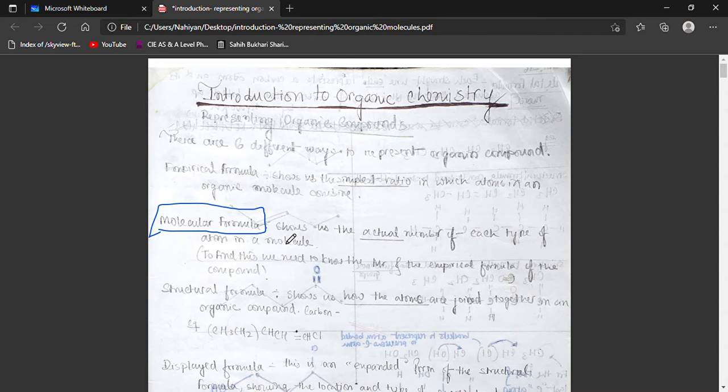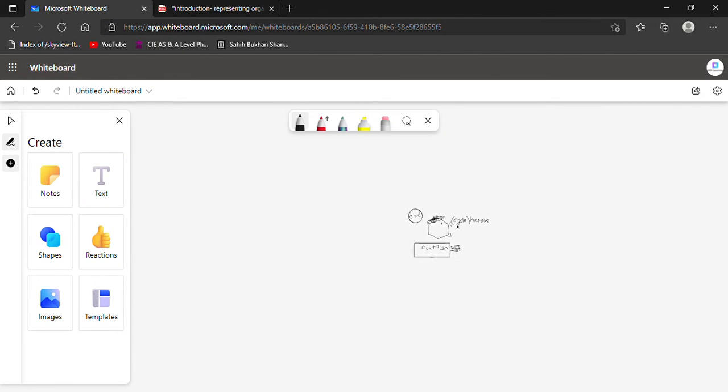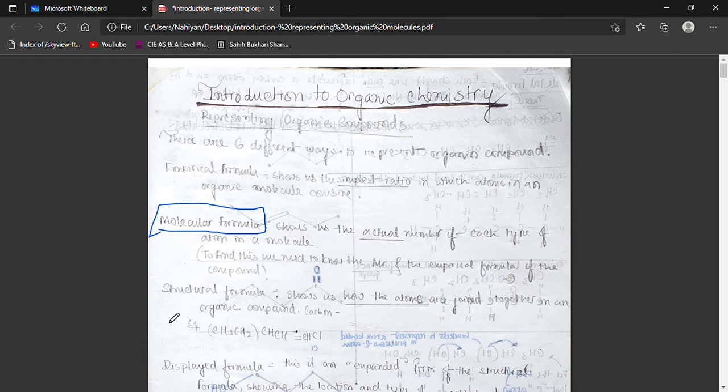When we want to know the molecular formula, we are more concerned with the number of atoms the molecule has. For instance, if we are talking about butane, butane has four carbons. So we're rather interested in the number of atoms, C4, rather than the structure or the bonds, which is more emphasized in the structural formula.